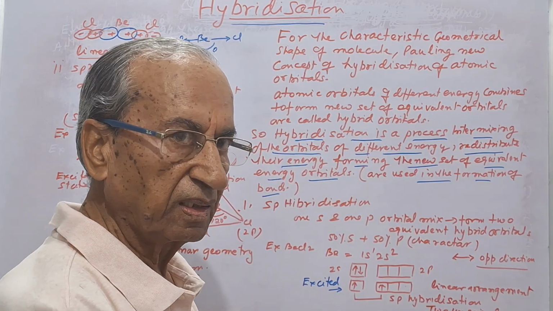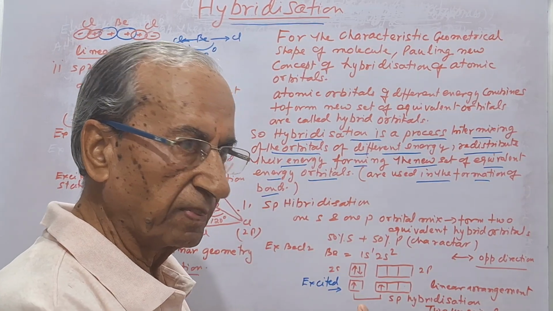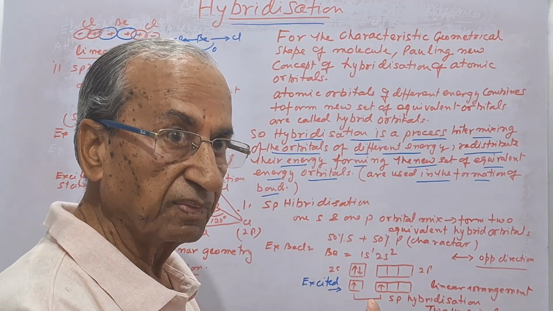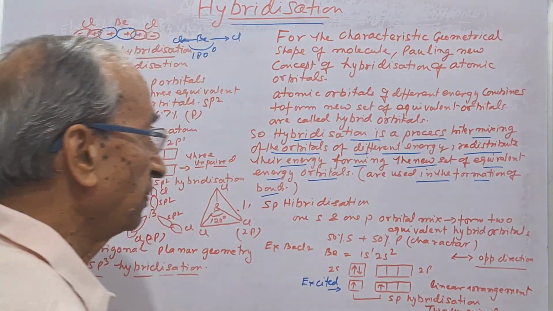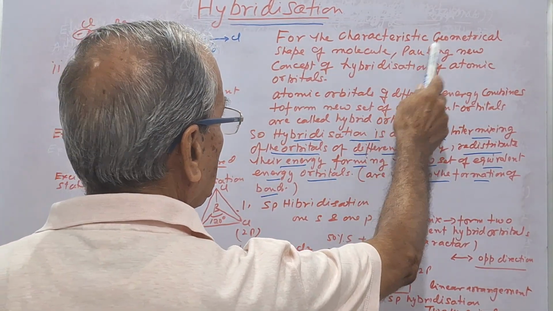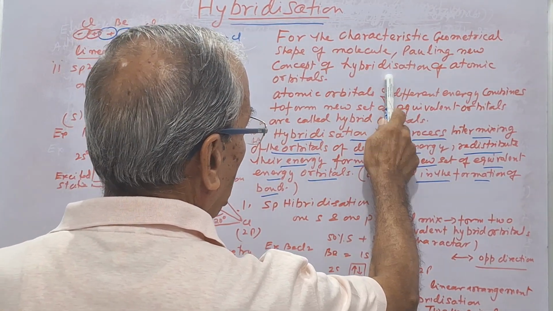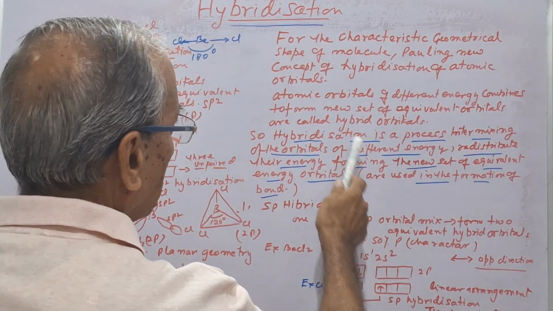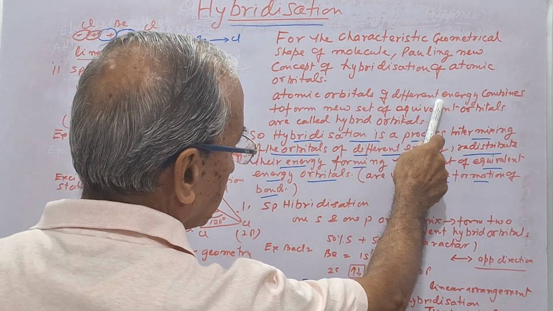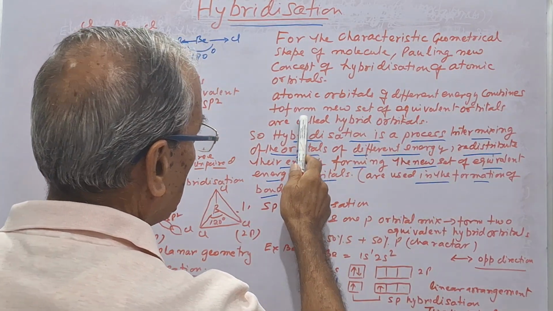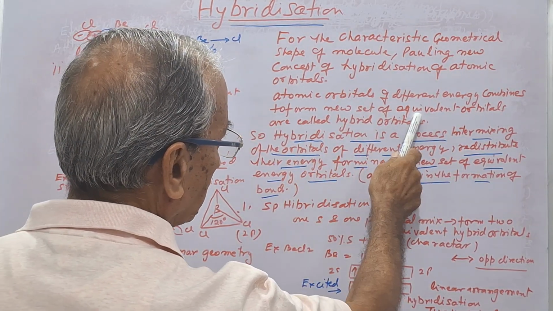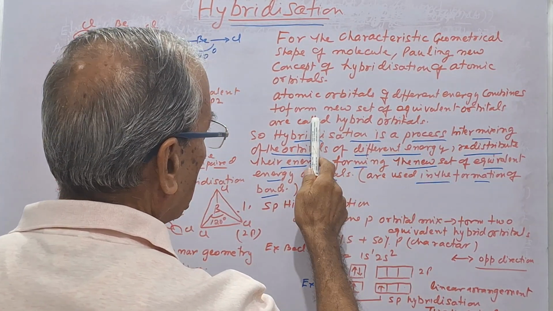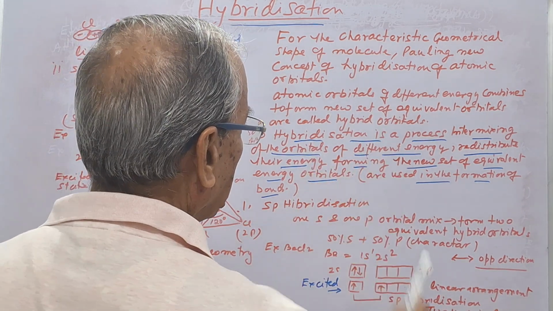When they fuse together, they again form the same number of orbitals, but of the same energy. This is the new concept of hybridization of the atomic orbitals. Atomic orbitals of different energy combine to form a new set of equivalent orbitals, called hybrid orbitals.